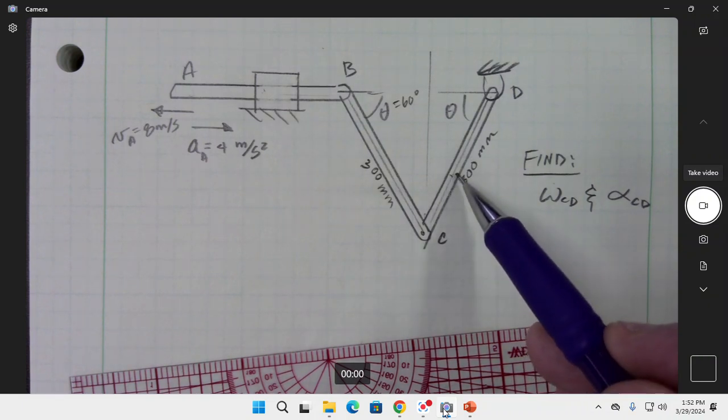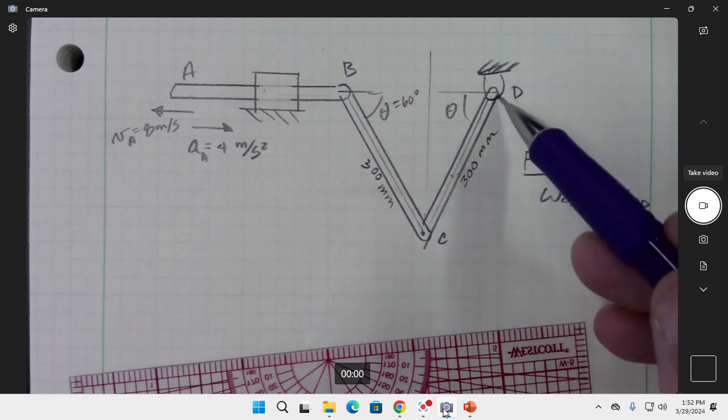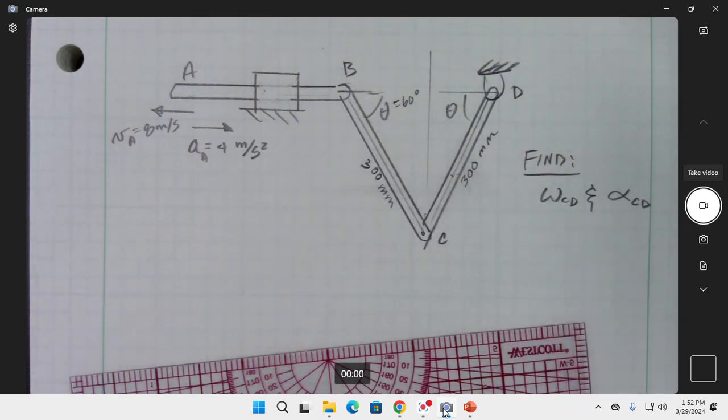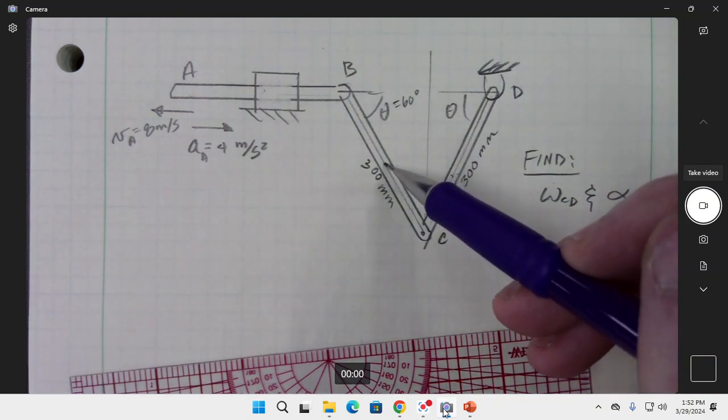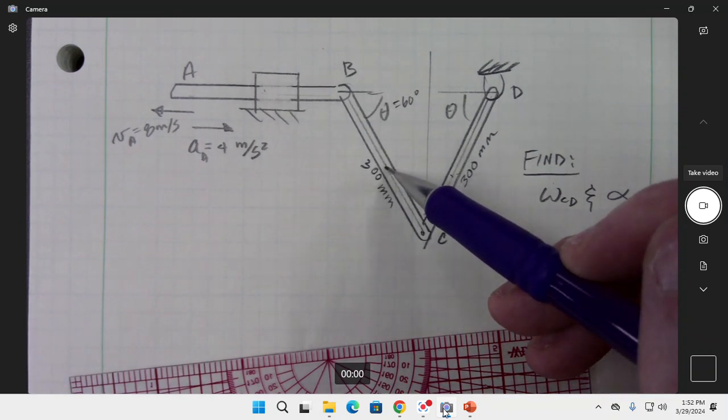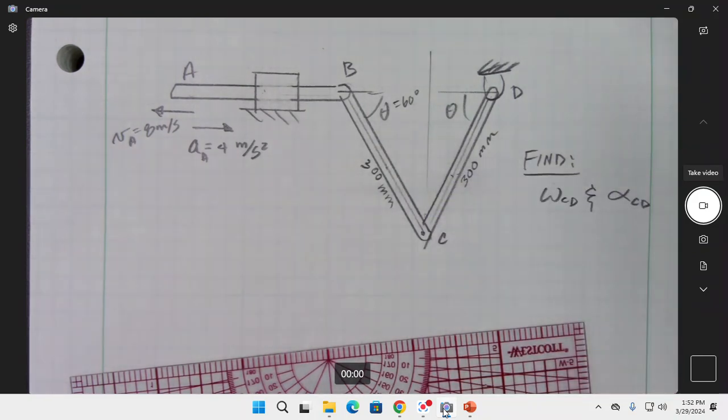This guy is just a rocker, in pure rotation. So this is the piece that's in both translation and rotation. So we would need to do, it says absolute motion analysis. So I guess we should probably do it for both.